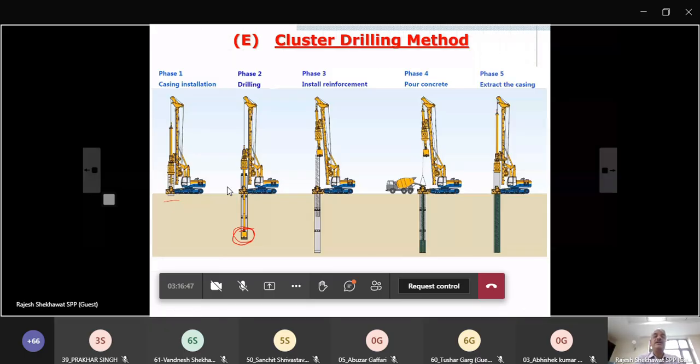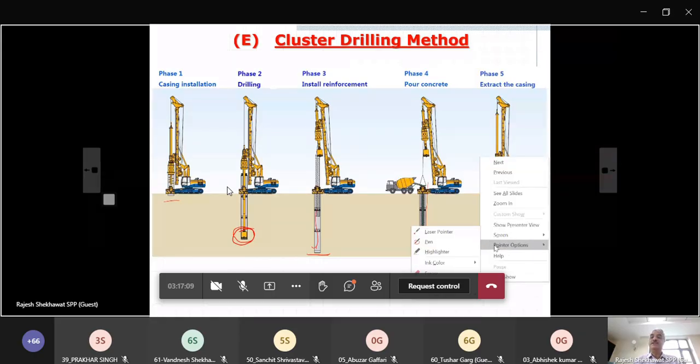So you have done the drilling. Then after reaching the required borehole depth, you put the casing pipe, and then you pour the concrete by tremie method or whatever the method is. Sometimes people withdraw the casing, sometimes you allow it to remain there, because withdrawing casing is not so easy. It may require more effort, but there are some places where they withdraw it because the casing is not needed anymore. So that is simple.